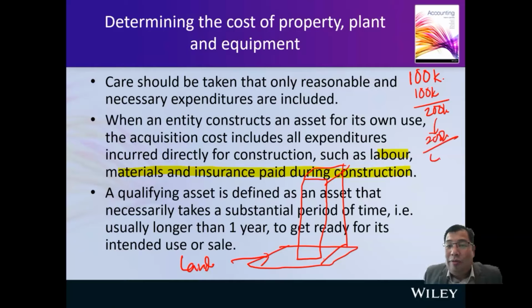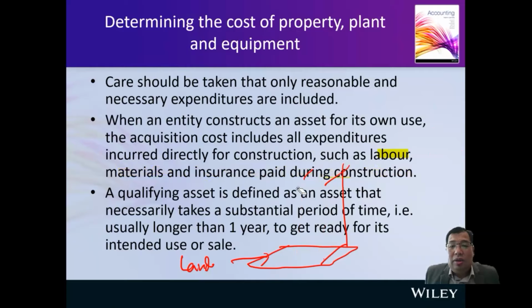So you are going to pay 400,000 if you buy a ready-made building, because this is the material cost, this is the labor cost, and this is the profit, or the margin of the developer. So all these costs should be included as the cost of the property.